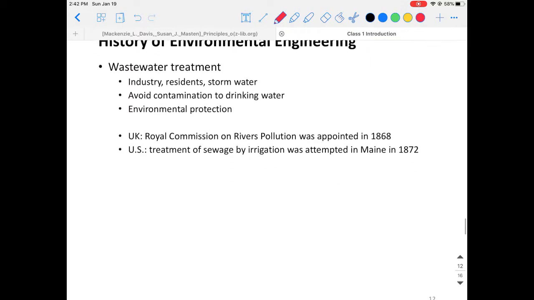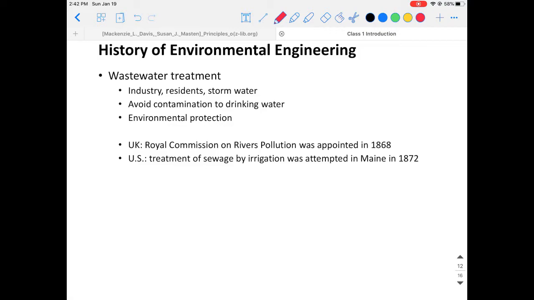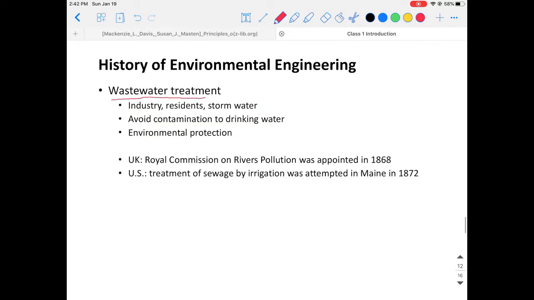Okay, so regarding the history of wastewater treatment, actually wastewater treatment does not date that far back into BC times. Okay, it mainly comes with the idea of water treatment, because from water treatment we're generating clean drinkable water, and we don't want the wastewater that's generated from industry or residents or stormwater to mix with this drinkable water, right?